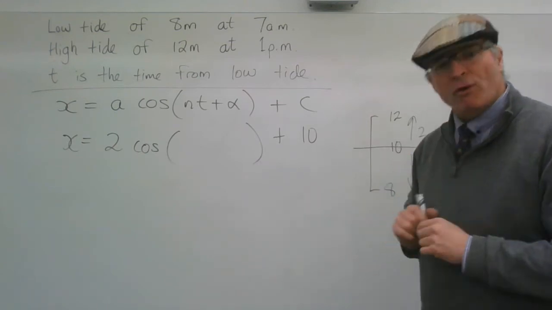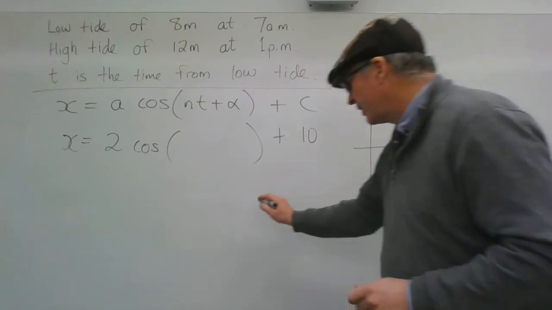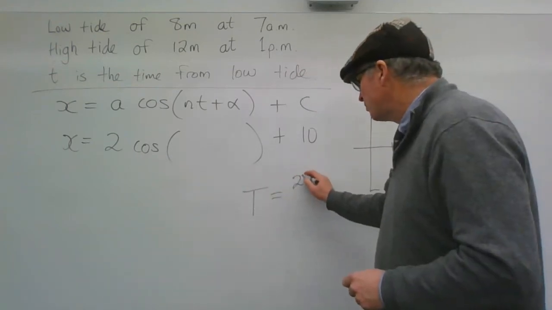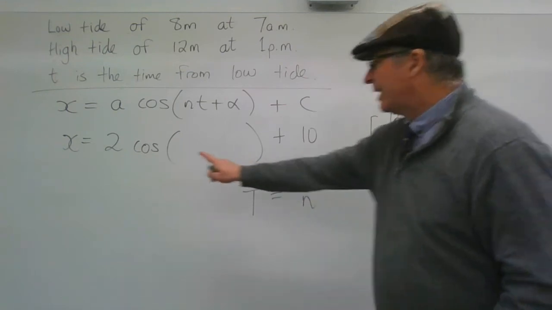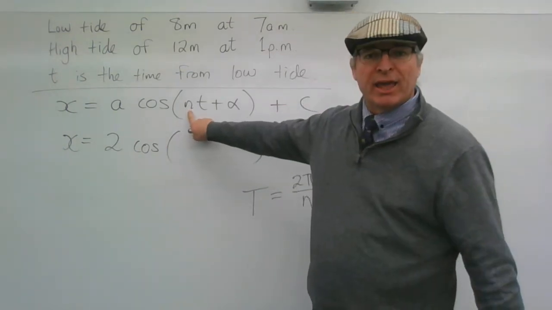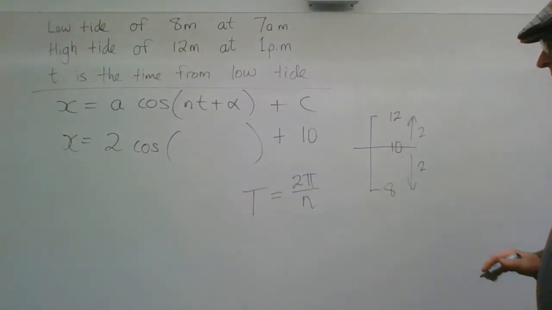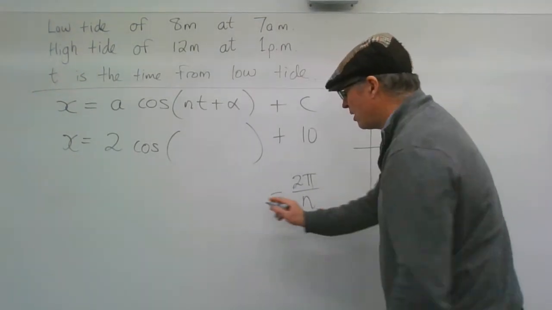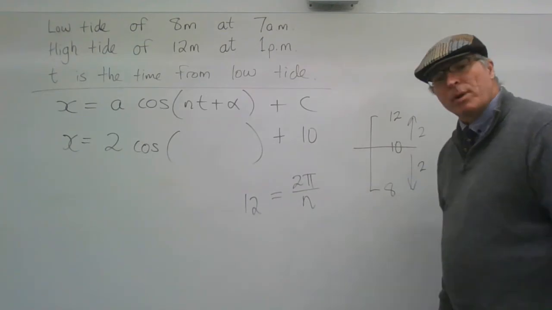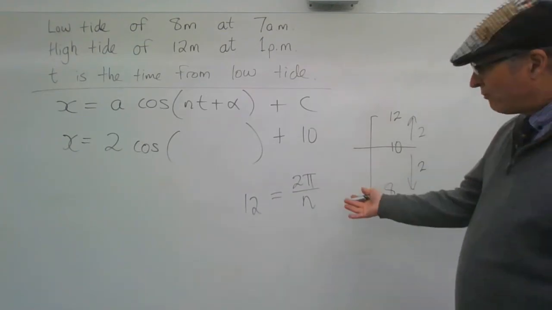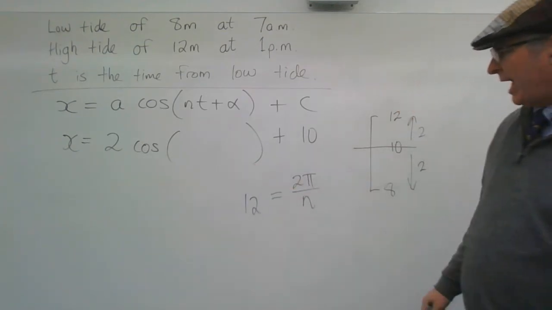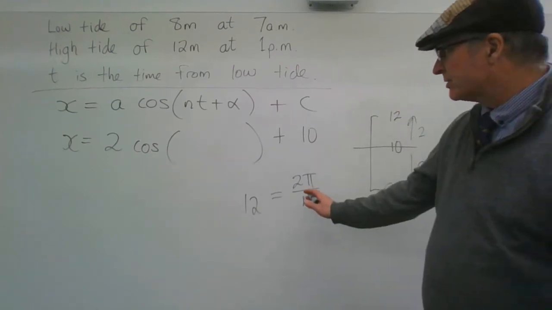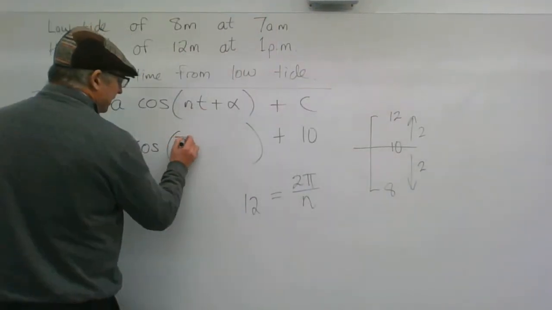Now, we know from our work in previous times that the period, T, is 2 pi on n, where n is that number in front of the angle. So 12 hours is 2 pi on n. Therefore, if you rearrange that, n is equal to pi on 6. So I can pop that in here.